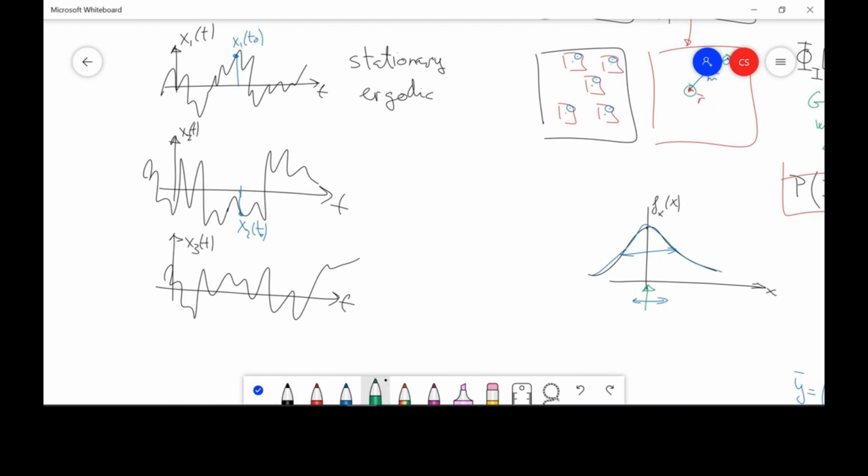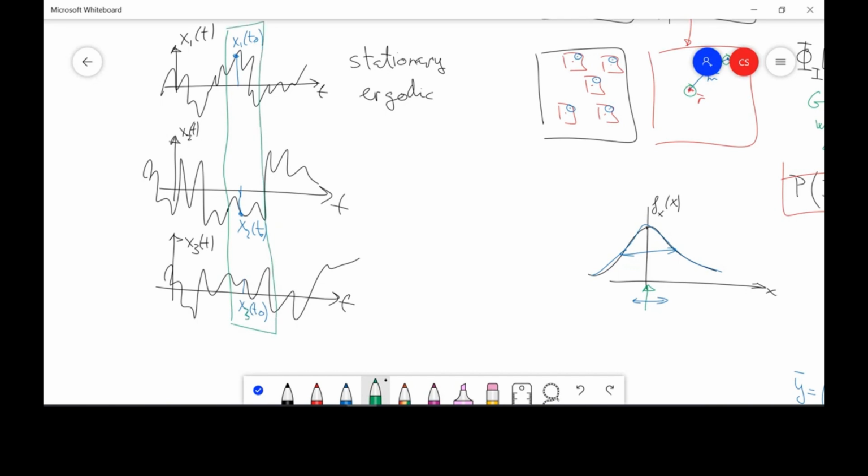Okay, so let us, this x2 has a mean. If I have multiple observations of my random process, I can compute the mean of these values: x2, x3.